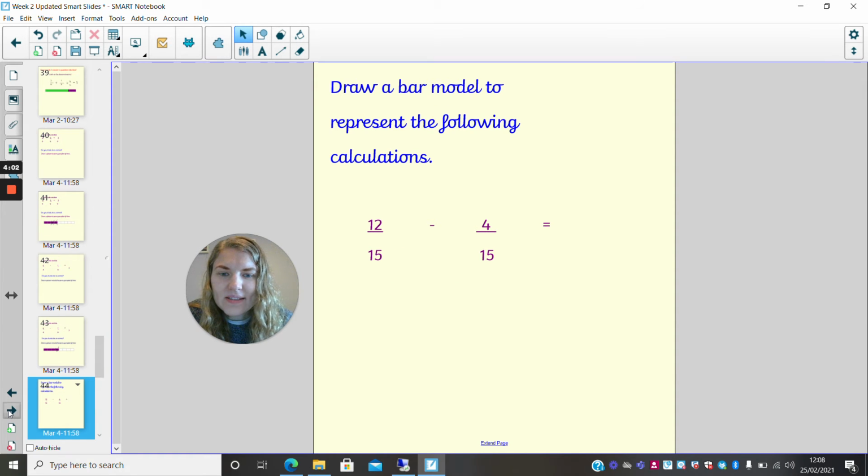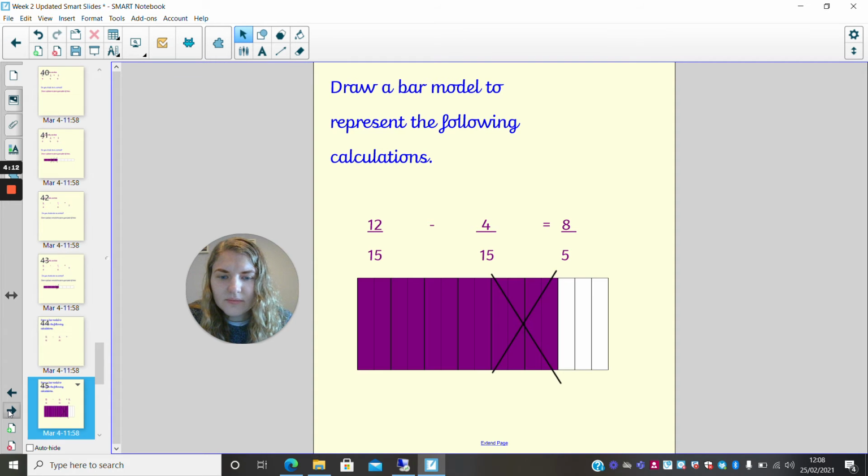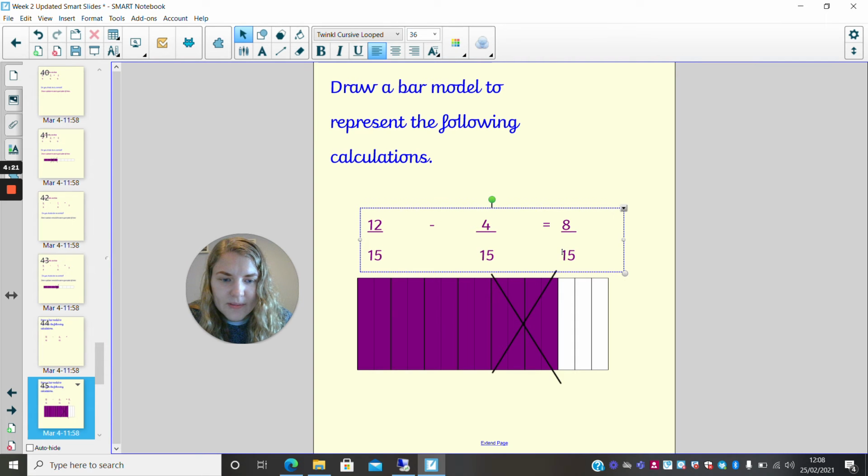Okay, next. I want you to draw a bar model to represent the following calculation. Okay, off you go. All right, welcome back. You guys are going to be really good at drawing bar models by the end of this. Okay, so here is my bar model. I have split it into 15. 1, 2, 3, 4, 5, 6, 7, 8, 9, 10, 11, 12, 13, 14, 15.